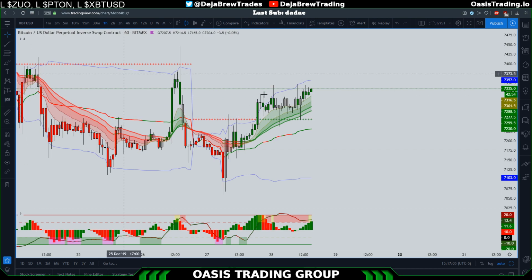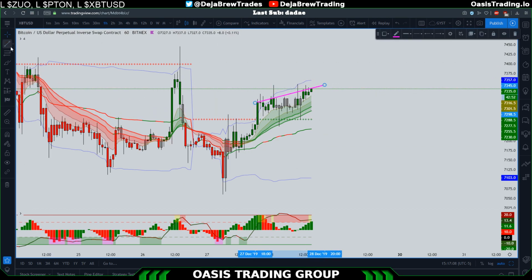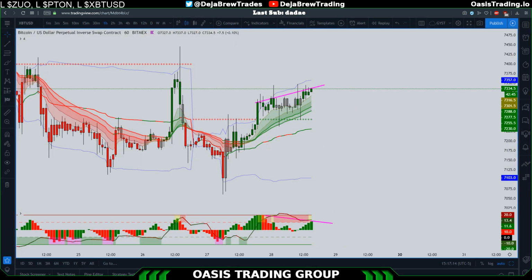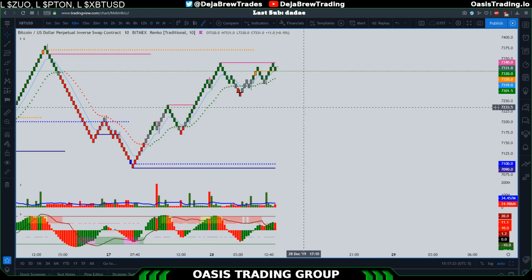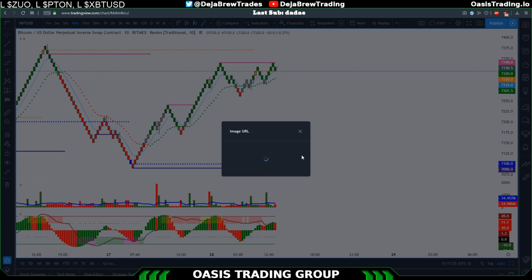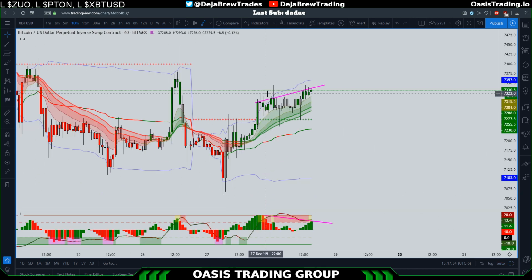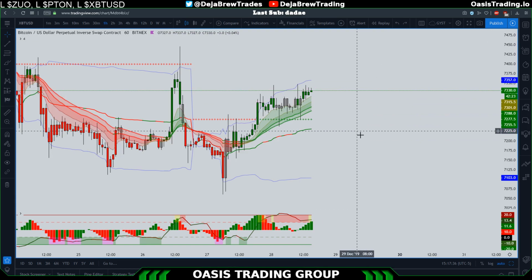You can see the 1 hour has a bear div forming, just as the Renko does. So you want to keep an eye on that.